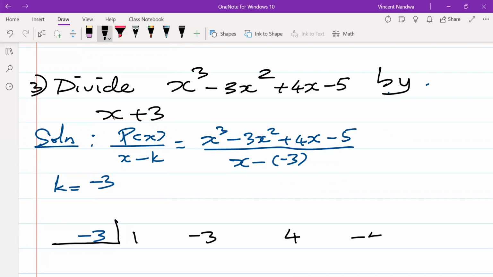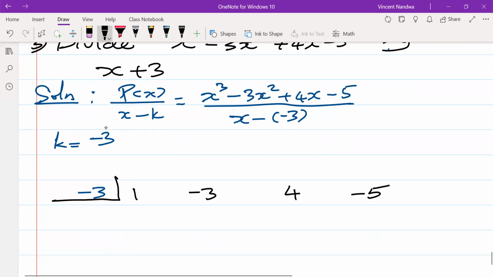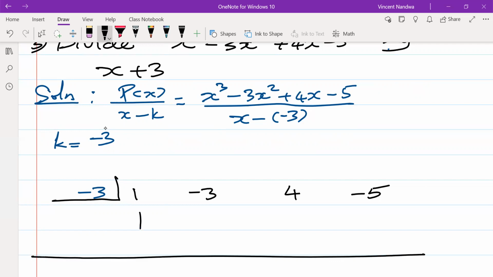Correct. And then what should be the next step? You skip 2 lines and draw a line, and then drop 1.